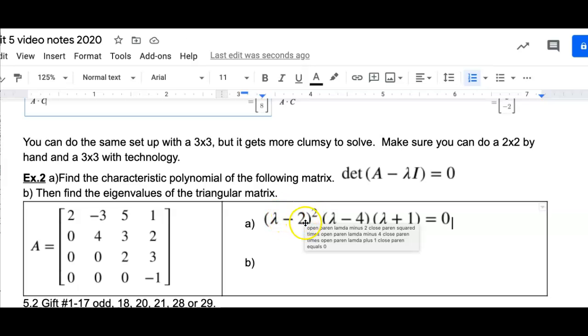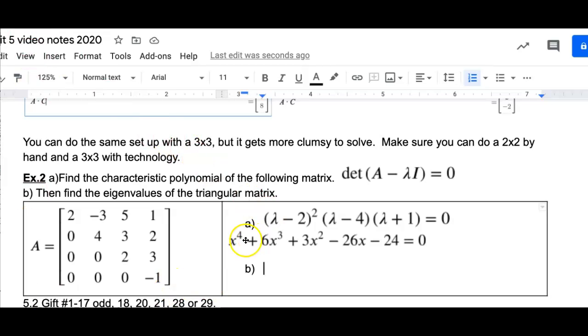That's multiplicity 2 for this one value, if we had to find the zero of it, but then we do call that lambda. So if they do ask us for the eigenvalues of the triangular matrix, oh, I forgot. This polynomial, if they want the polynomial, they usually want it expanded. So we'll do the expansion first, and then write out the eigenvalues for the triangular matrix.